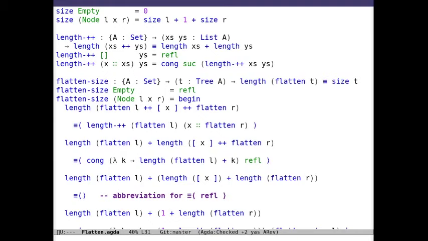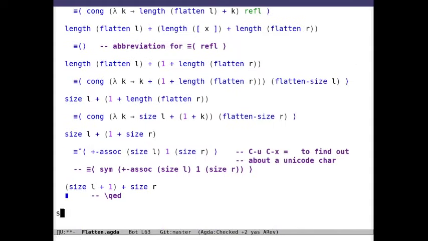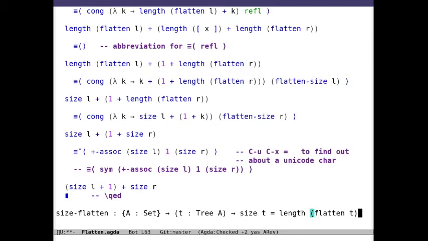Well, if I want that, I can just say sim of this, and I can just use this lemma. I don't have to do this whole thing again, right? I mean, we could say, size flatten. If A is a set, T is a tree A, size T equals length flatten T. Is that what you want?